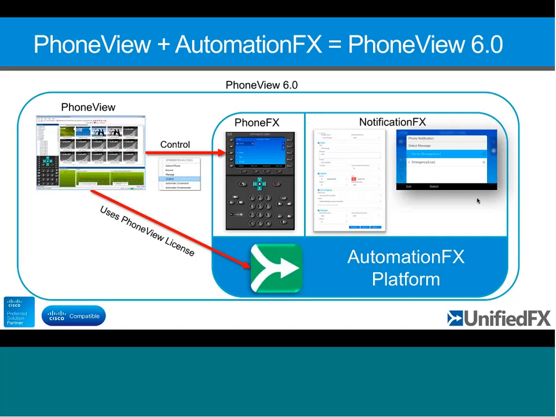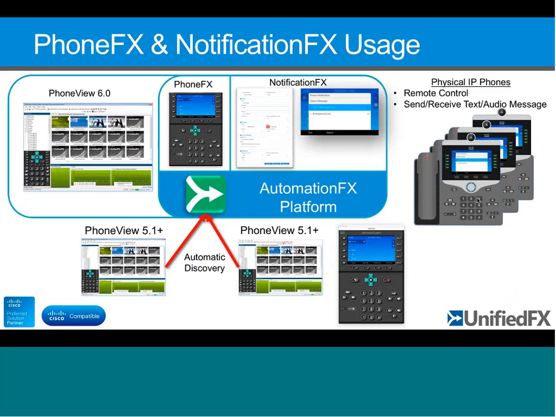Now, some scenarios for how you would use them: imagine that outlined box in the top left corner is your server, possibly, that's running PhoneView version 6. Quite a lot of our customers have a shared instance of PhoneView running on a server usually. So ideally, all you do is upgrade to version 6, install that instance of AutomationFX, let it auto-configure, etc., and that's it up and running. But then you'll obviously have maybe local copies of PhoneView.